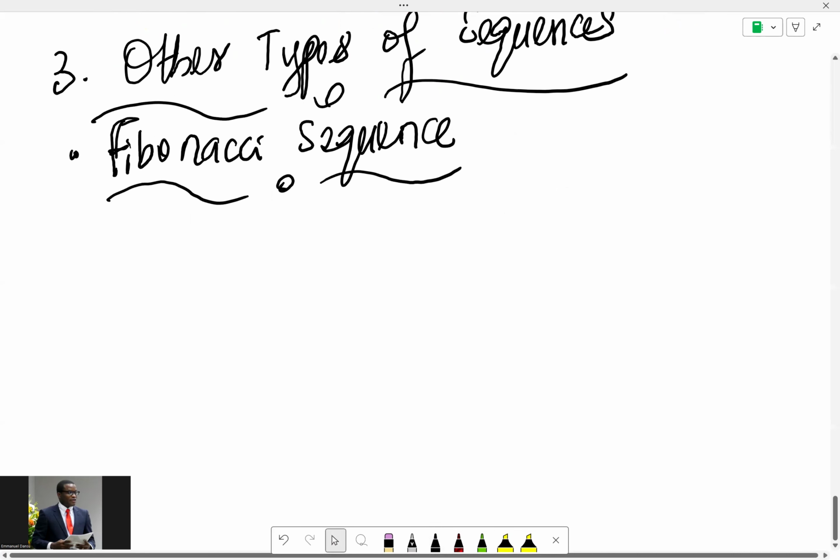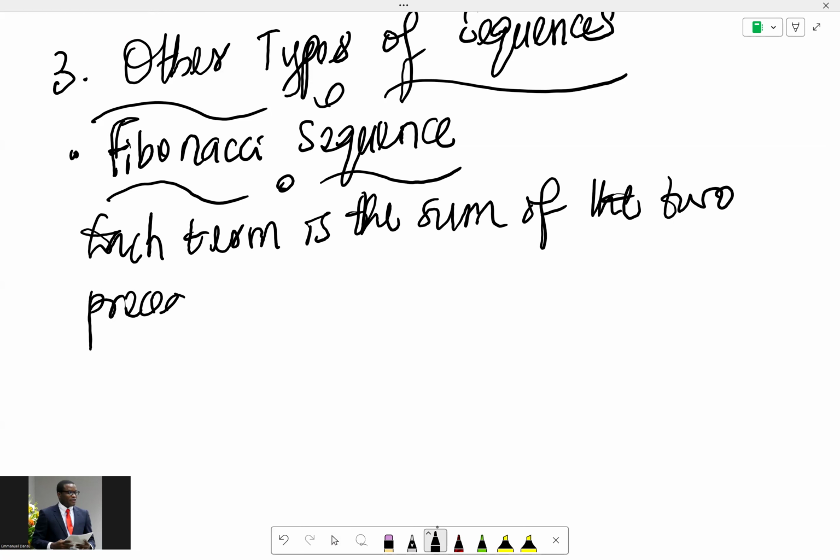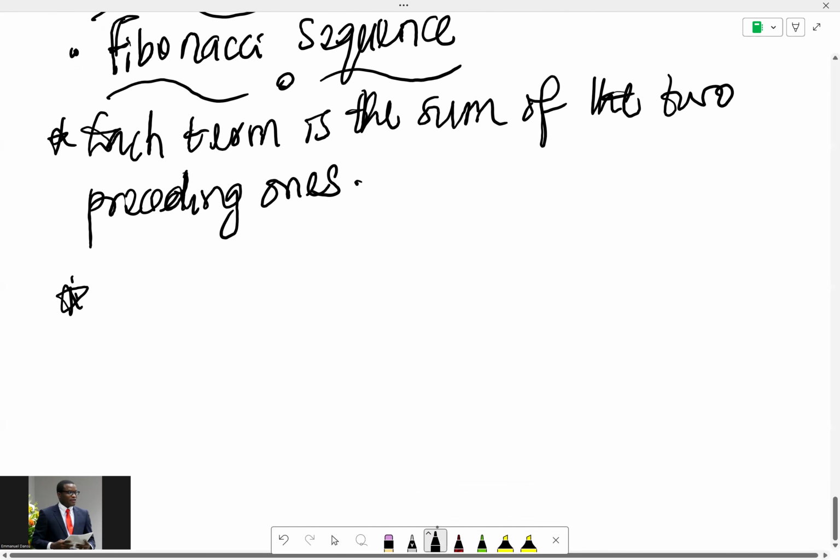In the Fibonacci sequence, each term is the sum of the two preceding ones. There's definitely a pattern you can put to every sequence. So you need two starters, and you should understand here that you can start with 0 and 1.